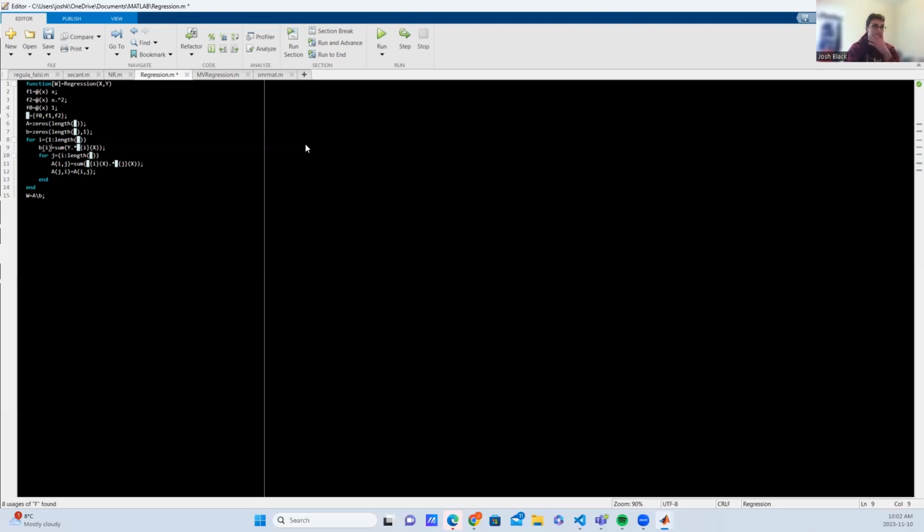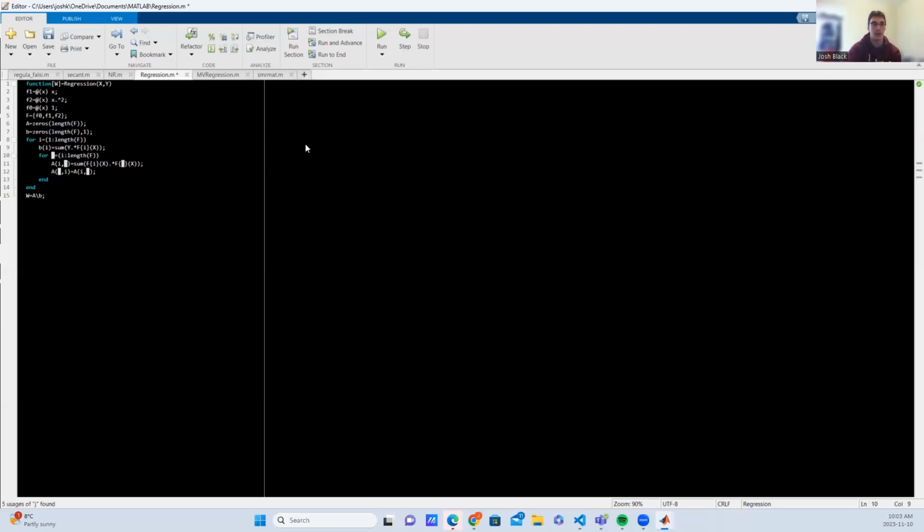Since our B vector is only getting updated once every row, it's not going to get updated when we go over our columns. Because let's say, for example, for the first row, we're going to iterate over all of the columns. If we update our B value every single time it goes over the columns, then we're going to get a huge B value, not going to be accurate, and we're toast. So that's why we do it only once every row.